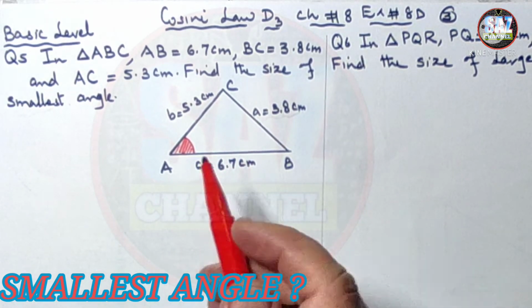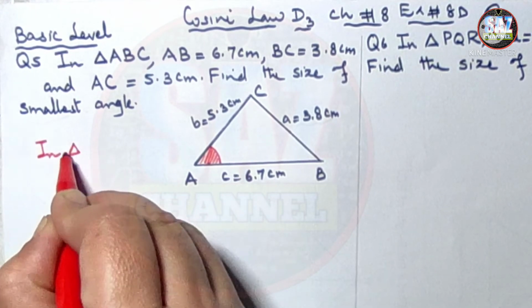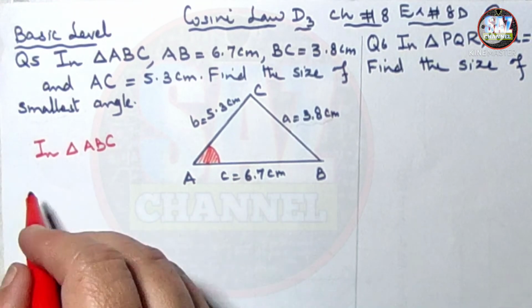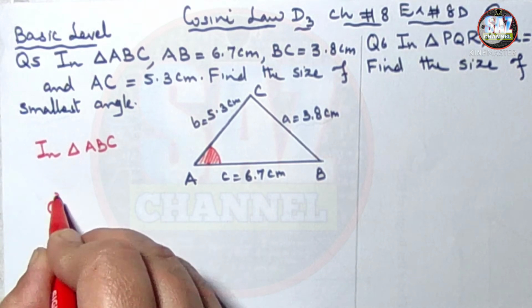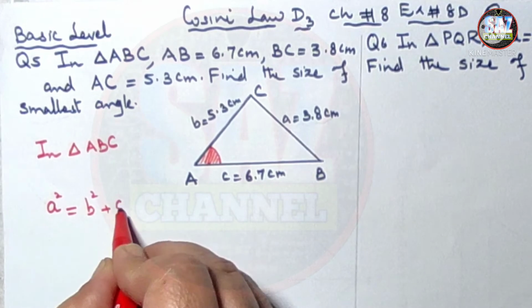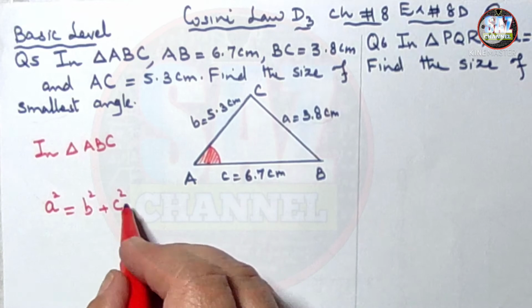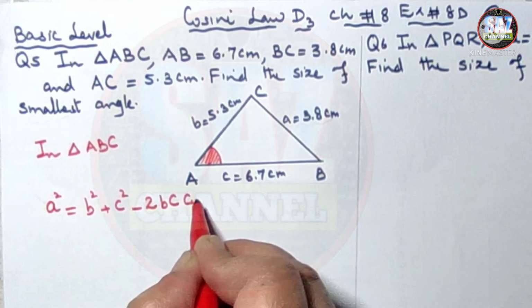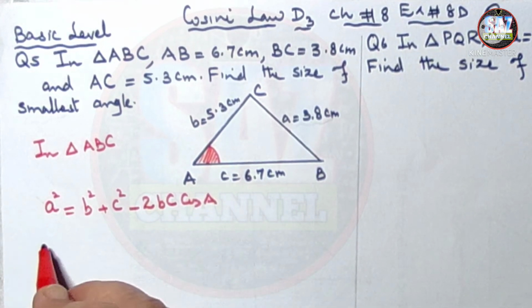So according to cosine law, in triangle ABC, first of all we have to write the cosine law: a square equals b square plus c square, minus 2 times bc cos of angle A. I'm keeping a here because I need to find cos of angle A. Now we have to insert the values carefully.